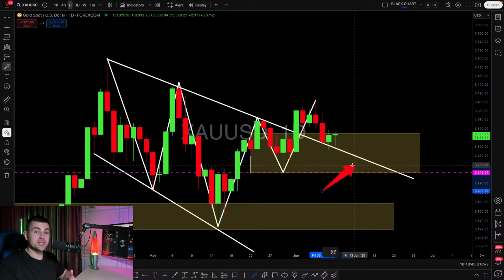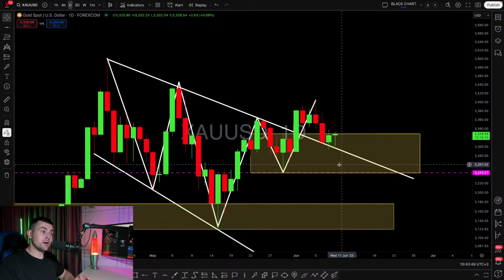There will be specific levels, specific zones where the majority of the buying orders will accumulate. And that will be the area from where the next strong bullish wave will likely follow.